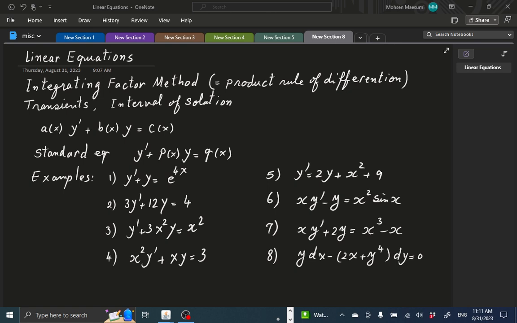It's kind of a standardization of our approach. To understand these topics, I've listed quite a few problems here. Perhaps we go and look at some of them and see how all these topics come about. Let's start with the easy one. The very first one says y prime plus y is equal to exponential of 4x. So we are looking for a function y that if you add it to its derivative boils down to just exponential of 4x.